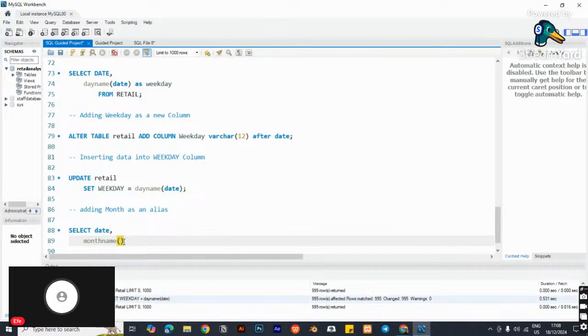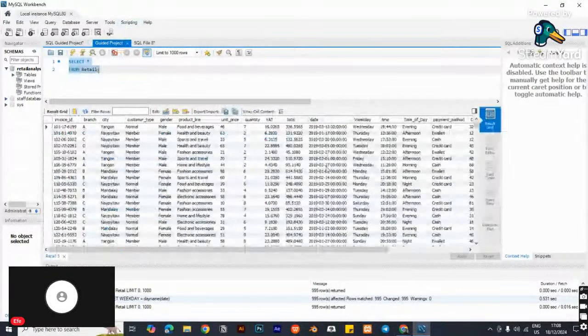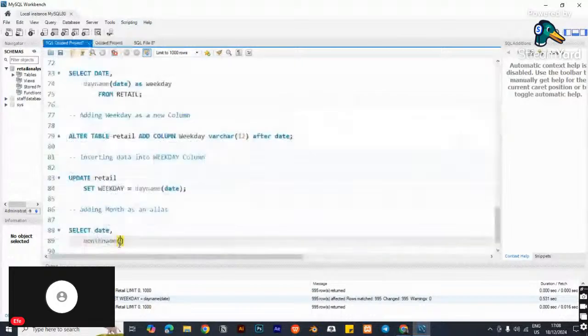Month name is a library function, like a date function. We pass in the argument required for this month name function, which in this case is the date, because the date is our reference column. If you're asking why the date, it's because it contains the information regarding our date.